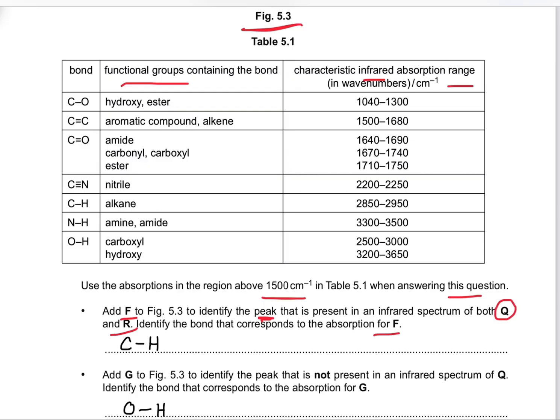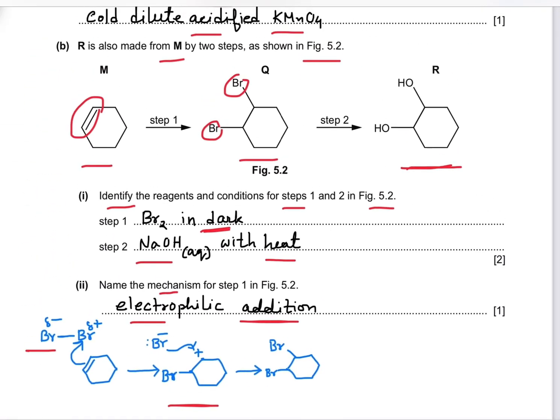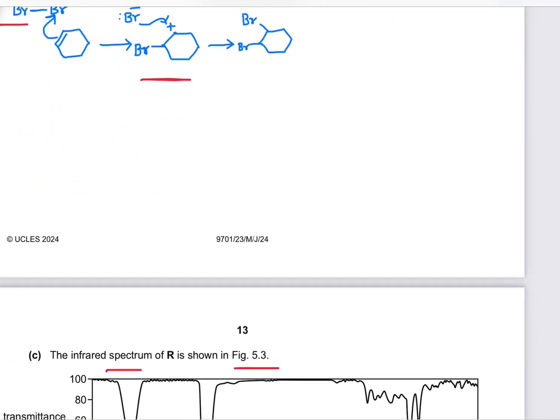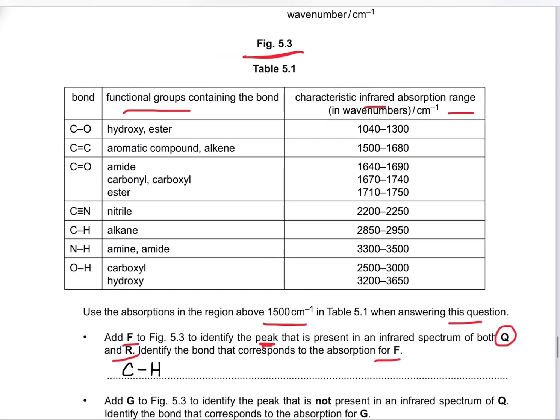Let's check Q and R first. So here we have Q and R. In both compounds we have a cyclohexane which is a alkane and have carbon hydrogen single bond. So here in the spectrum of R we are having two peaks, and from the table 5.1 we can see the bond carbon-hydrogen for alkane, giving absorption peak at 2850 to 2950 absorption range.